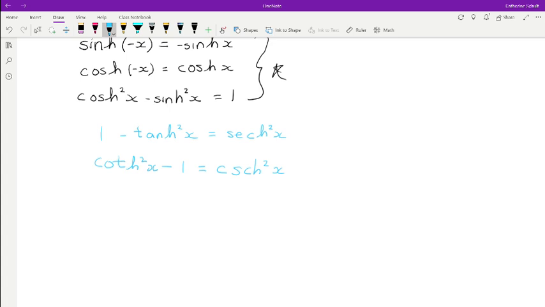Okay. All right, and then also, in addition, we have some double angle formulas as well. So if we take the hyperbolic sine of x plus y, we can prove this in a similar way we did in trig, but we get a formula similar to the one in trig.